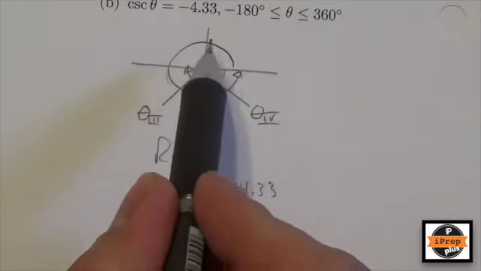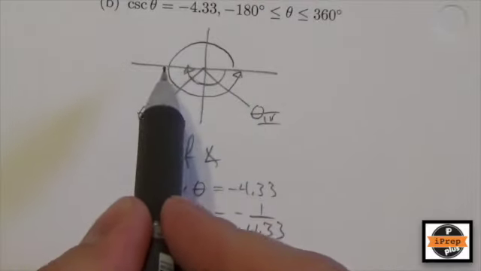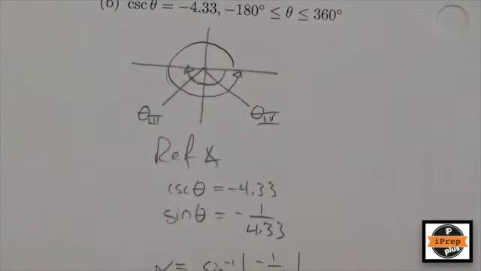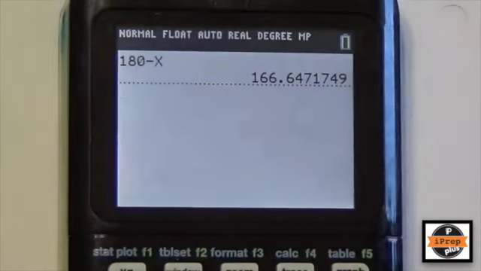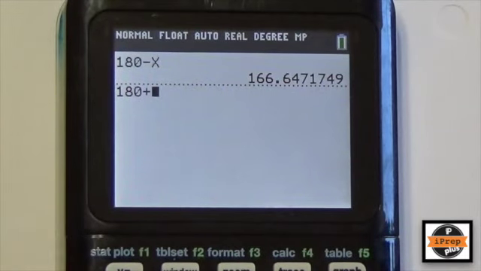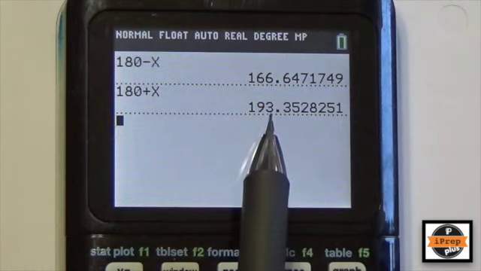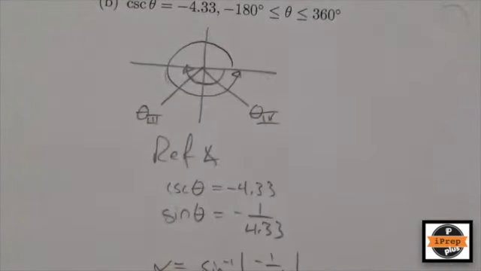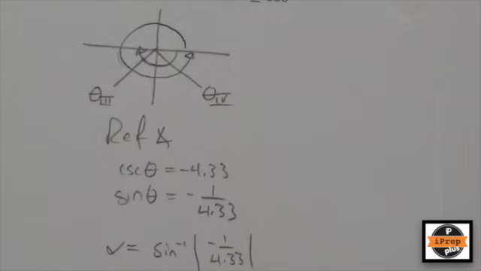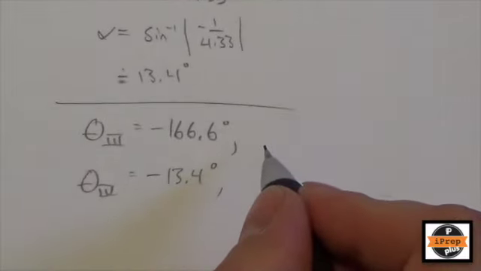Now we're going to jump to our positive part, and we're going to rotate around here, and we don't get to a terminal arm until we're in the third quadrant. So that angle is going to be 180 plus our reference angle. And so this will become 193.4 degrees. And that'll be in the third quadrant there.